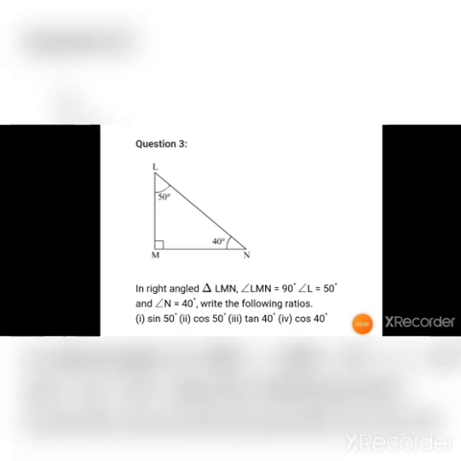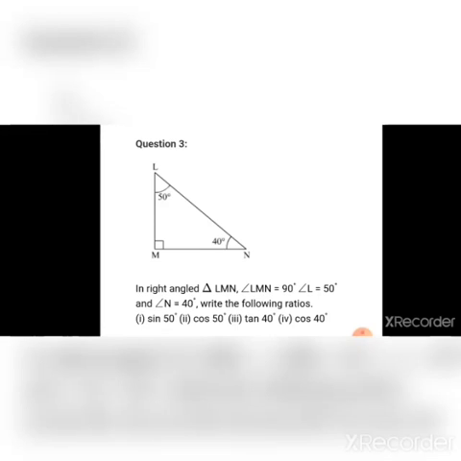For that, the next example, triangle LMN, in a right angle triangle LMN, angle LMN is equal to 90 degree, angle L is equal to 50 degree and angle N is equal to 40 degree. Write the following ratios: sin 50, cos 50, tan 40 and cos 40. In this example, two more things we have to learn.